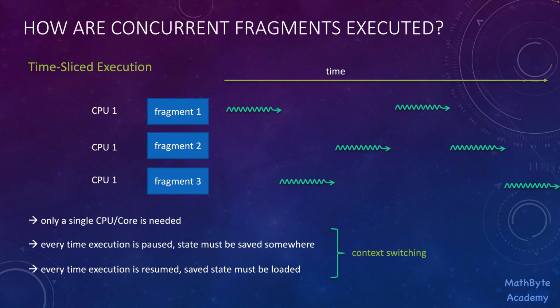And this is something called context switching. Now, each context switch has a performance cost. Every time you context switch, you have to save the state of the current fragment, the current thing that's running, and then you have to load the state for the new thing that's going to start running again. So there's a performance penalty that we have to pay whenever we do this context switching. Now, this time-sliced execution is also very commonly called interleaving.